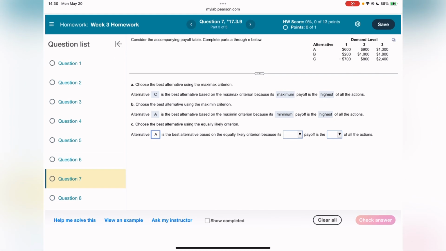So B is the best alternative based on the equally likely criterion, because it has the highest average payoff of all actions.